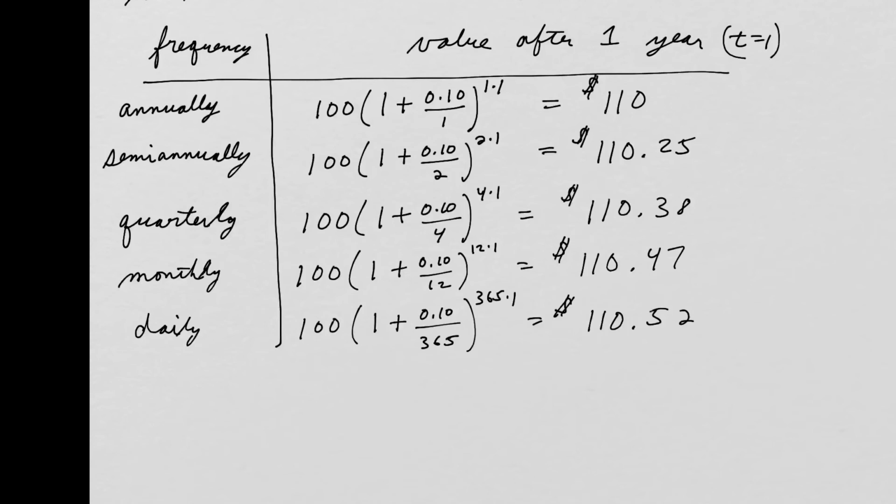So if you compound it more frequently, more than once per year, the actual interest is going to be greater than what you get just from the annual percentage rate. Now, one way of seeing this is we could calculate the percent increase.